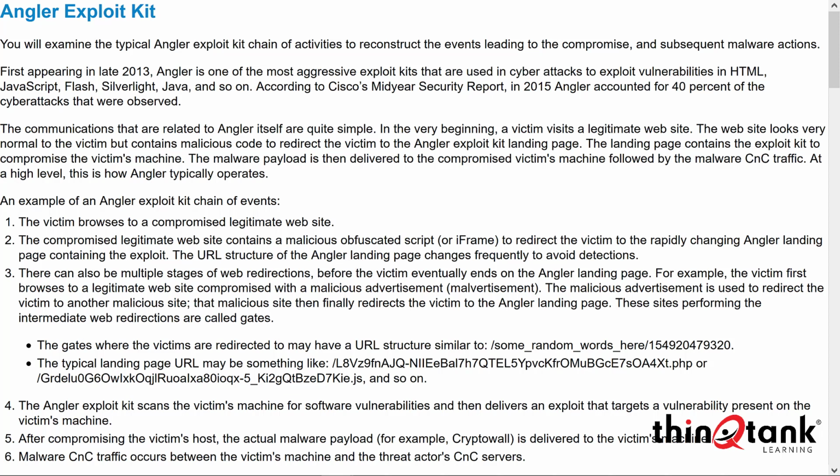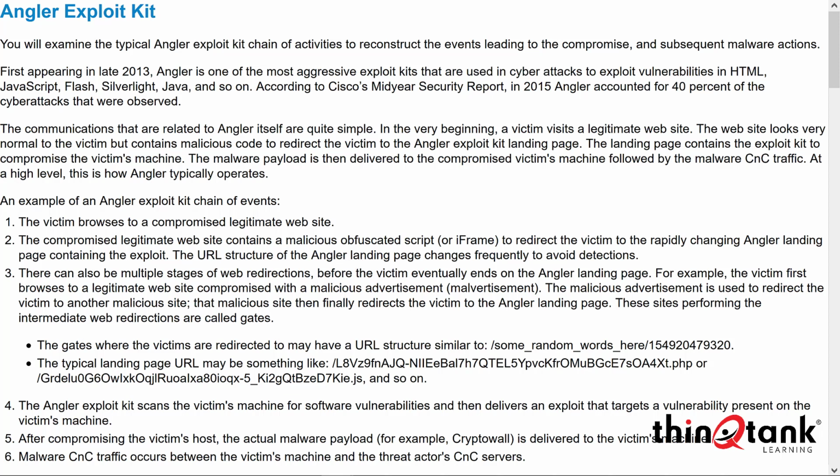All right, because of its popularity, because the developers were able to add exploits for those vulnerabilities very quickly, when zero-day vulnerabilities hit the market, Angler was one of the very first exploit kits to actually integrate those vulnerabilities, especially if you were talking about things like Adobe Flash.